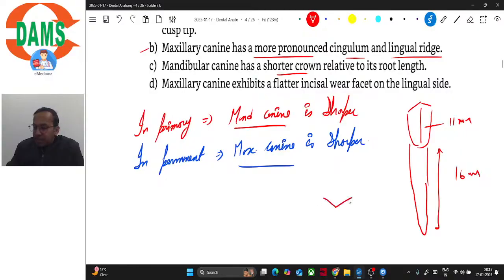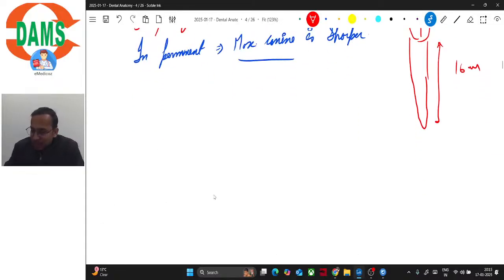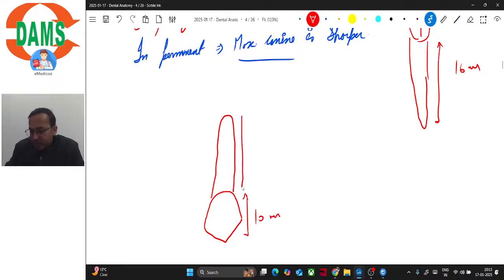While in case of a permanent canine, the crown is approximately 10 millimeters, whereas the root is approximately 17 millimeters.